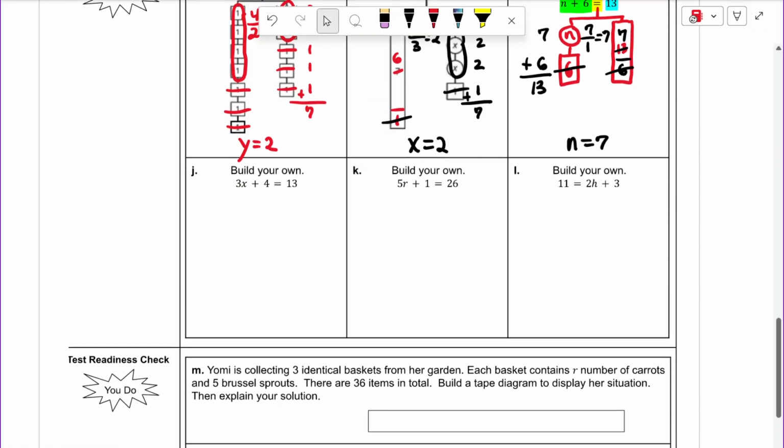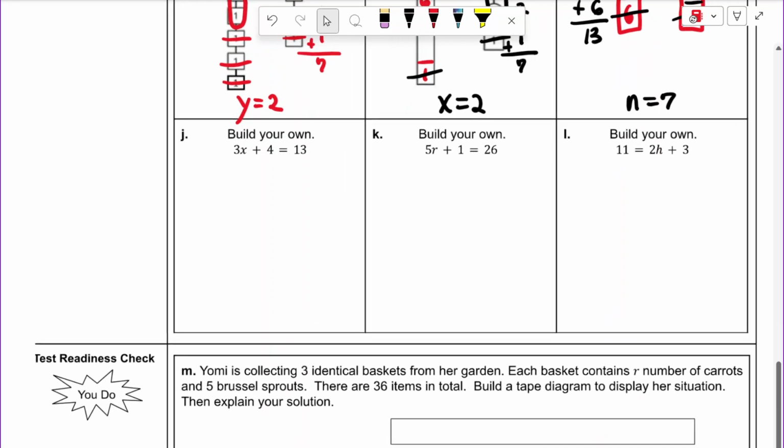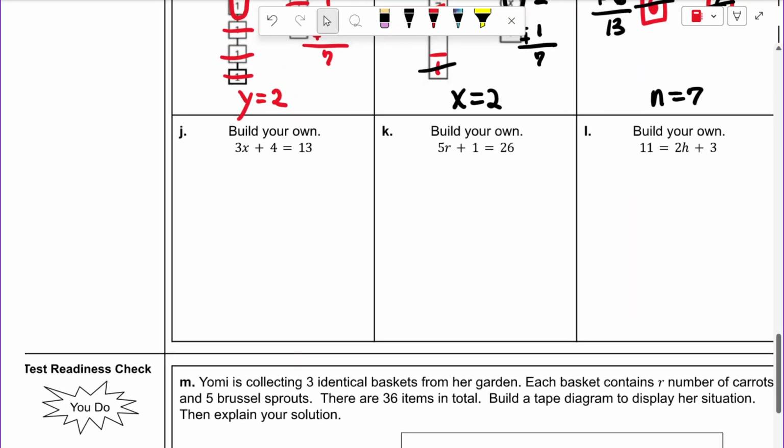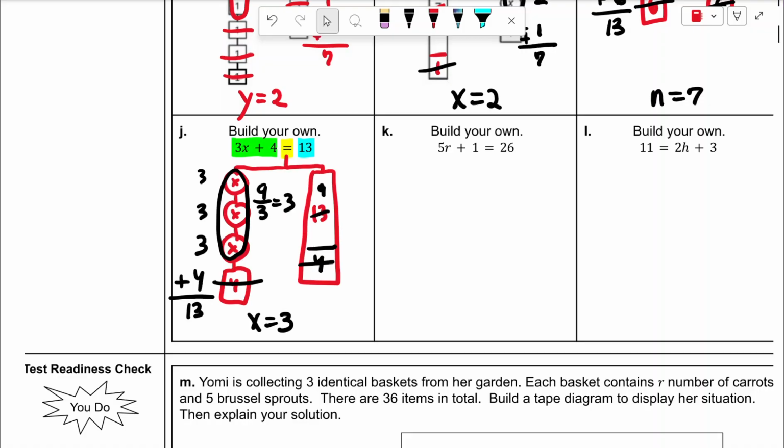You saw how to do that, so go ahead and pause the video and build J now. Okay, here you have J. I got a little ugly on my hanger there. Hopefully you got it right. If not, go back and look at your work. Sorry about that. And ask your teacher or review the video again.